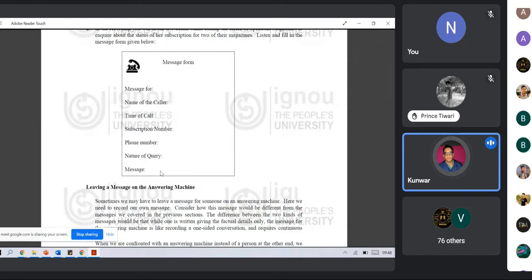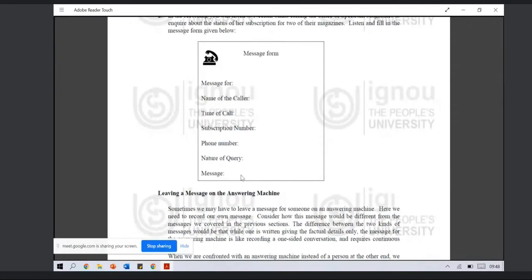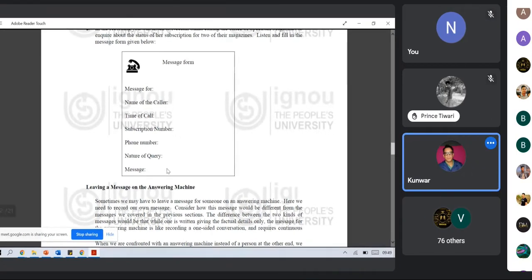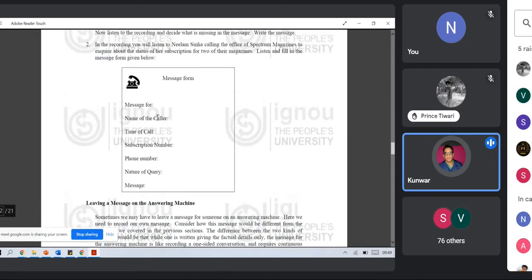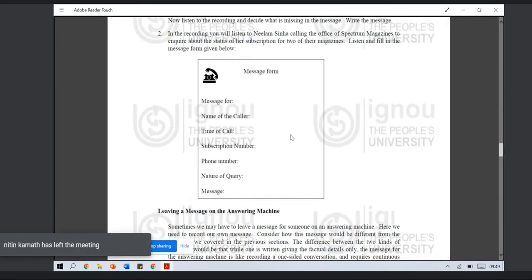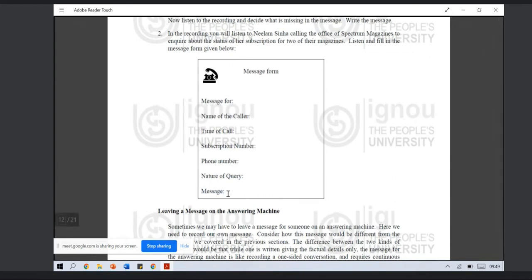You can select the certain IVR number, and through that you can perform that task over the phone with the help of the bot. So this is how you can make a note. You can write the important things of that telephonic conversation, if the person is calling to speak to someone else.